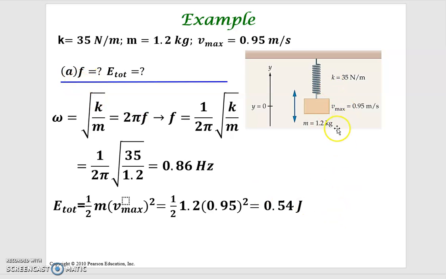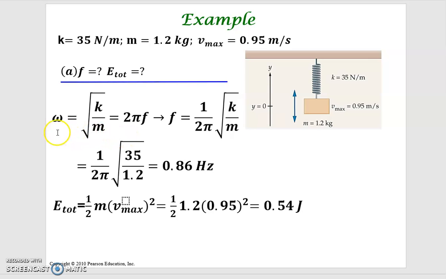Because this is a simple harmonic oscillation, you know that you can relate it to the so-called angular velocity. What is angular velocity? This is 2 pi f. If you forgot this relation, let's check it when we study the concept of rotation.